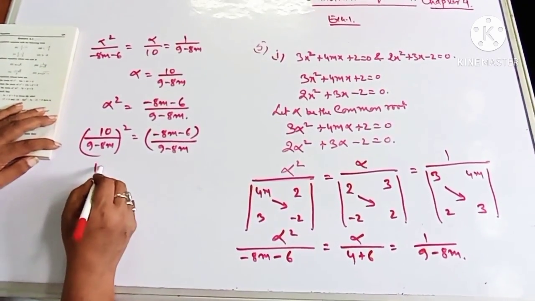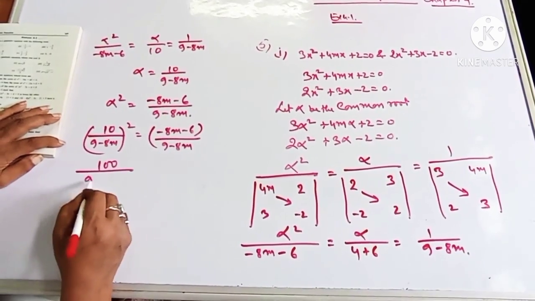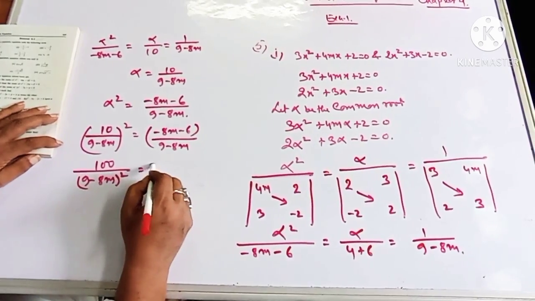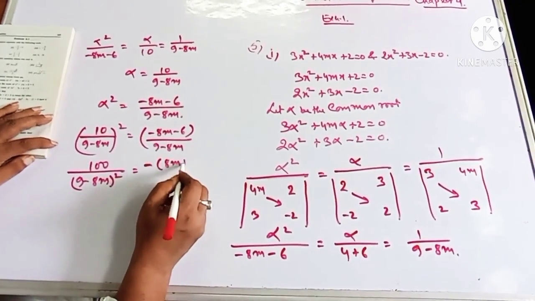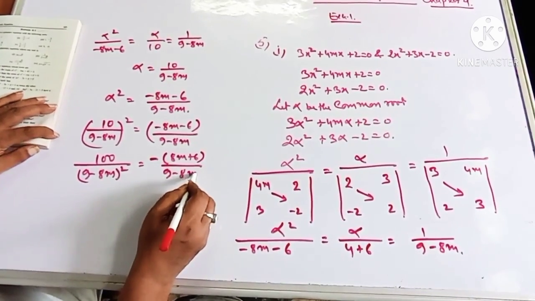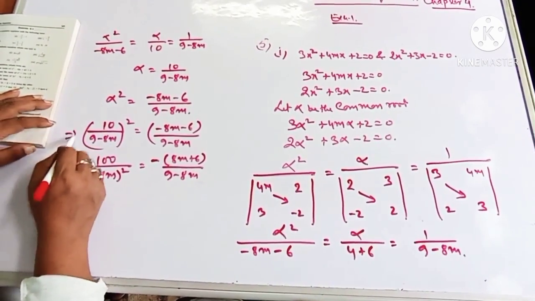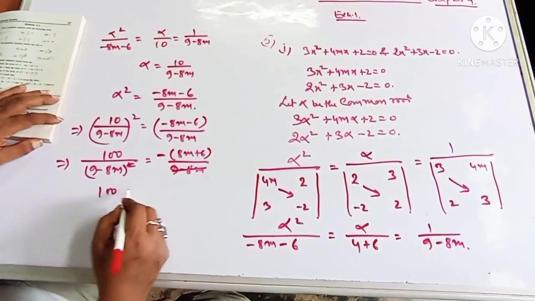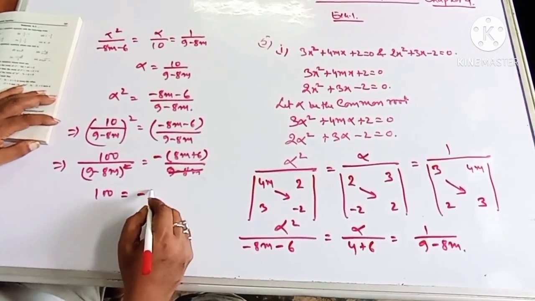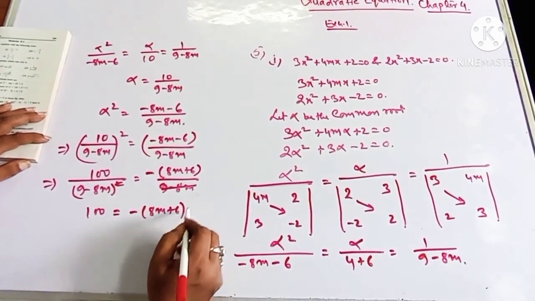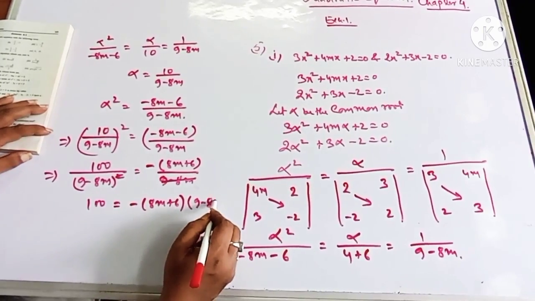So this will be 100 over 9 minus 8m the whole square, and one 9 minus 8m cancels out, so 100 equals minus 8m plus 6 into 9 minus 8m.